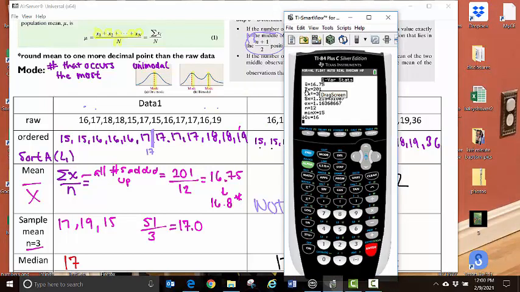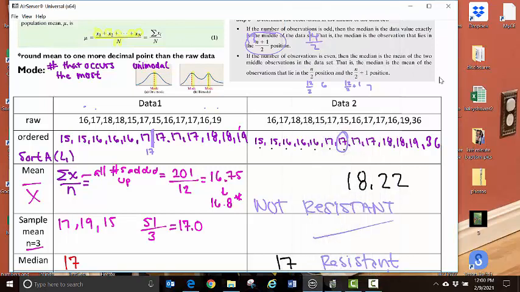Okay, sum of x, that's just all the numbers added up, so 201. See, if you add up all the numbers, that's 201. There were 12 numbers. Sample standard deviation, population standard deviation. And then here's your mean, median, mode, min, max, quartile 1, quartile 3, all of that. Okay, so that's how you get it out of your calculator. We know this from last semester. So I just want to go over it.